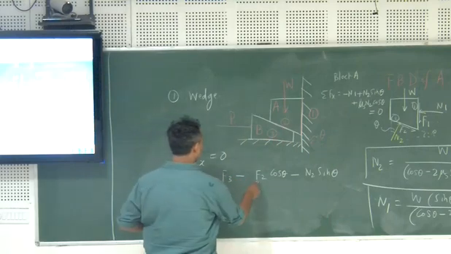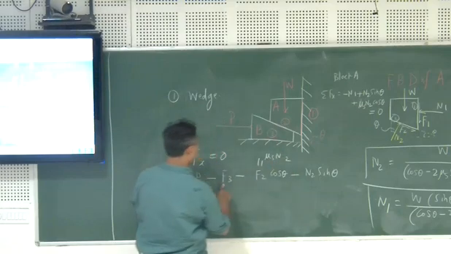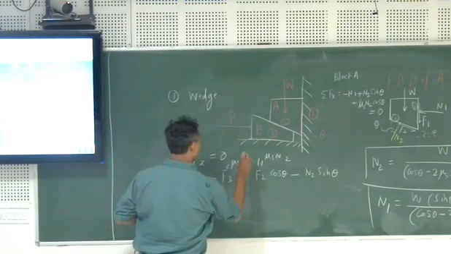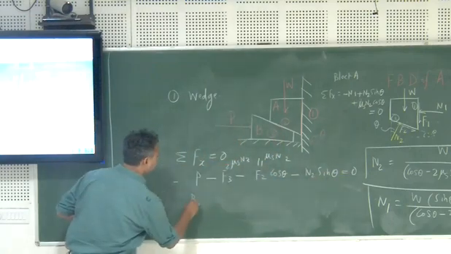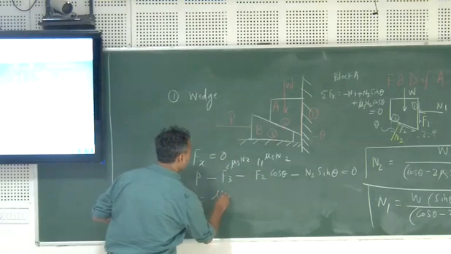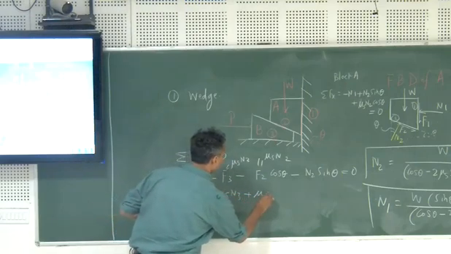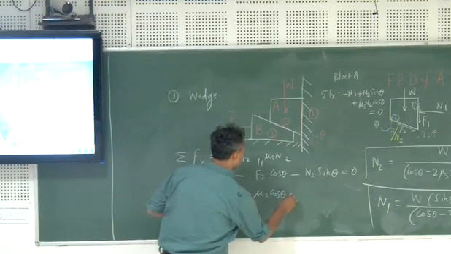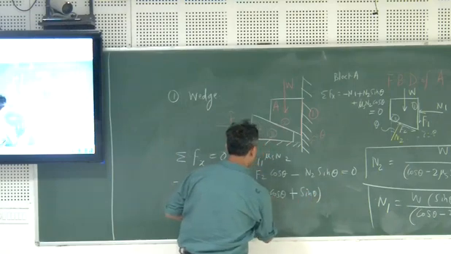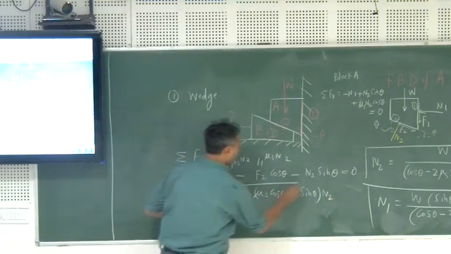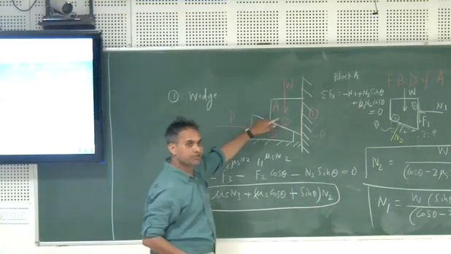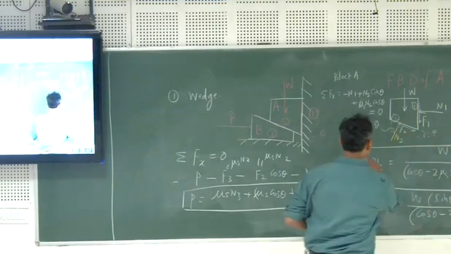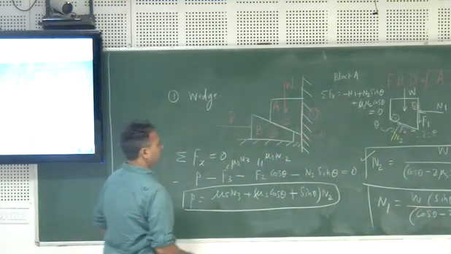Now if you put the values, F2 is nothing but mu s N2 and F3 is nothing but mu s N3. All of them should equal 0. It means that P is nothing but mu s N3 plus mu s N2. So I can take this one common, so this will be mu s cos theta plus sin theta N2. This is what will be your input force to start raising this particular block. So what is your N3? N3 is nothing but this one, and N2 is nothing but this one. You get the relationship.